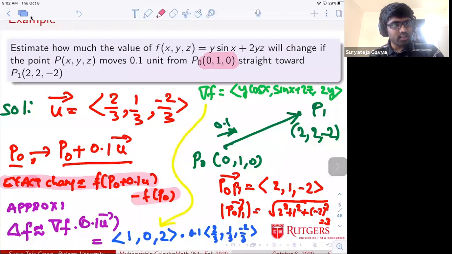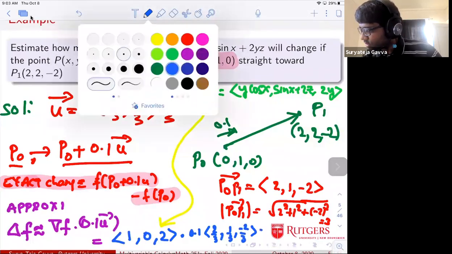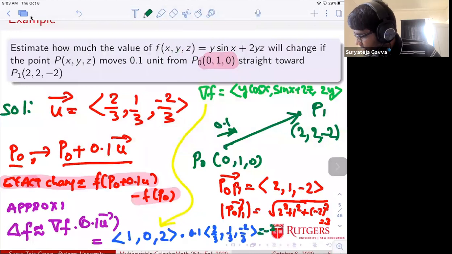Is that clear? Because my point is 0, 1, 0, this is where I am, and I'm moving from that point. You take the dot product of that vector with 0.1 times u, where u is that vector. If I compute it, this value turns out to be minus 2 over 3.